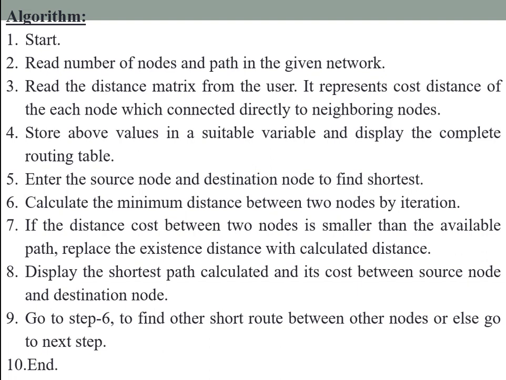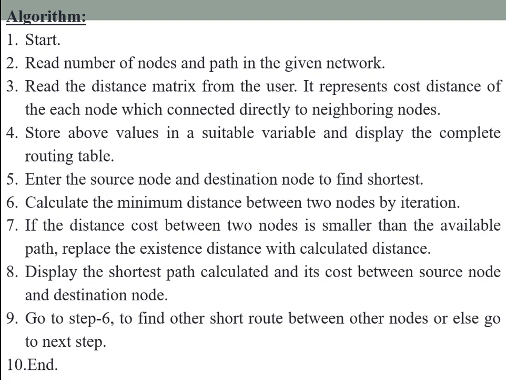Finally, the shortest path and its cost between the source node and the destination node has to be displayed. This will be calculated for each and every path entered, and finally by the calculation we will be able to get the shortest path.